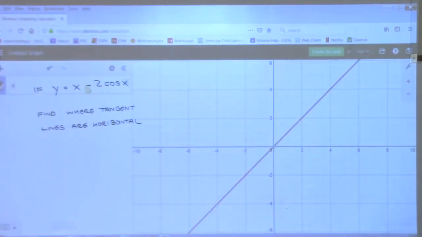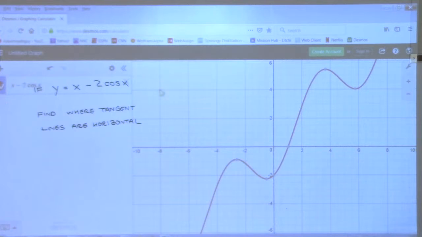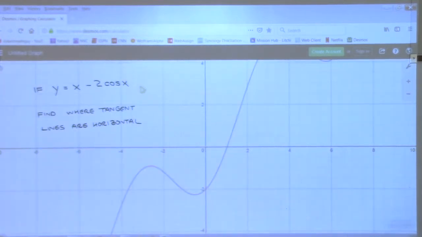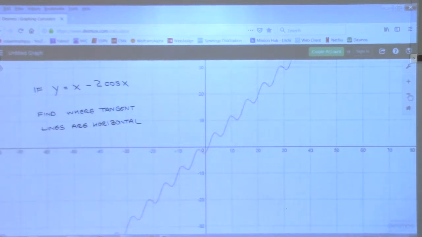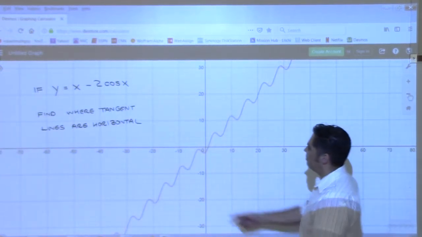I'm going to graph this. That is the graph of x minus 2 cosine x.